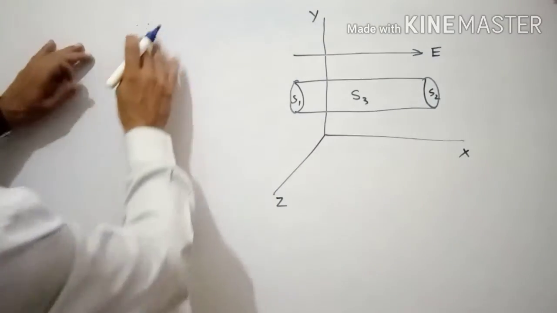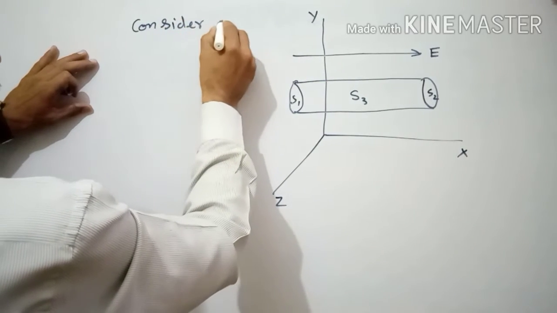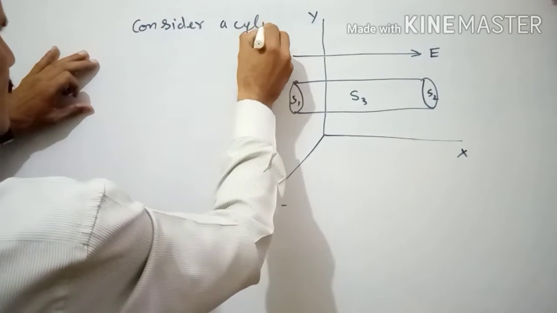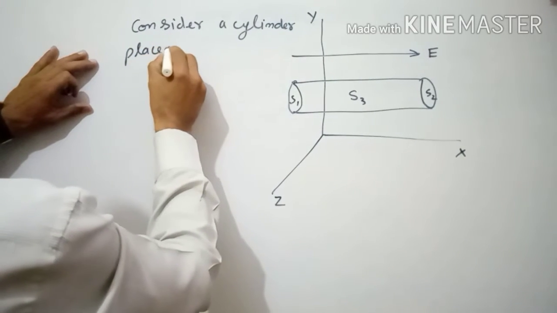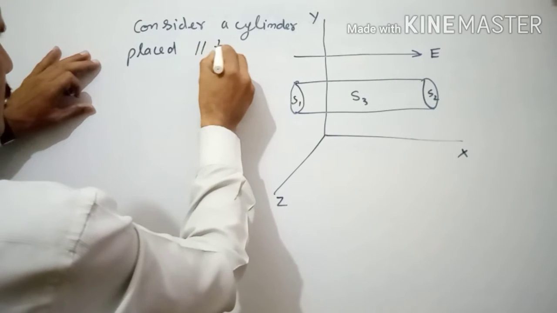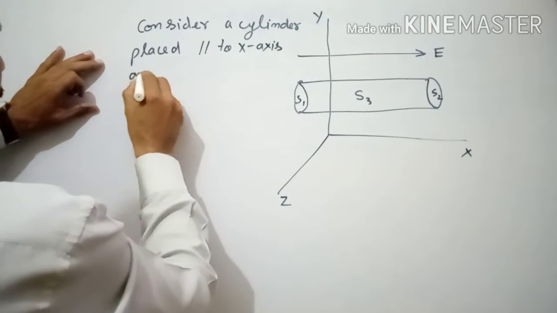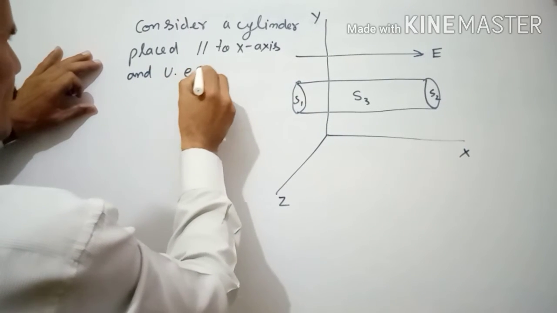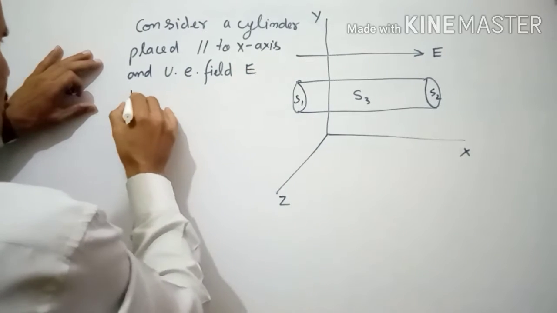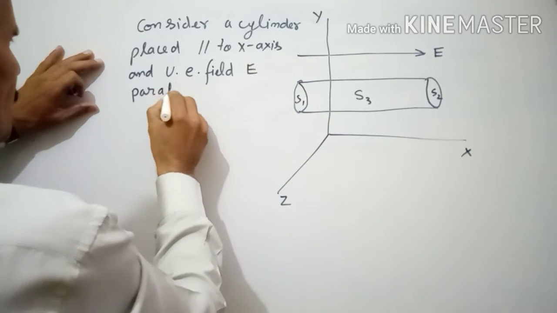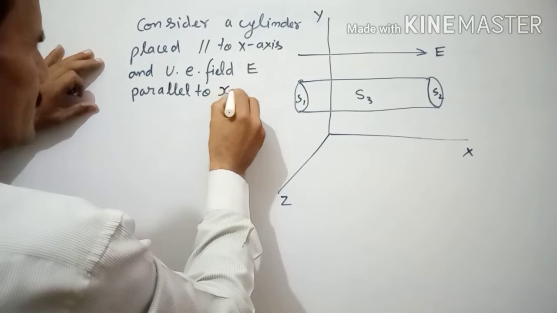So consider a cylinder placed parallel to the x-axis and a uniform electric field E parallel to the x-axis.